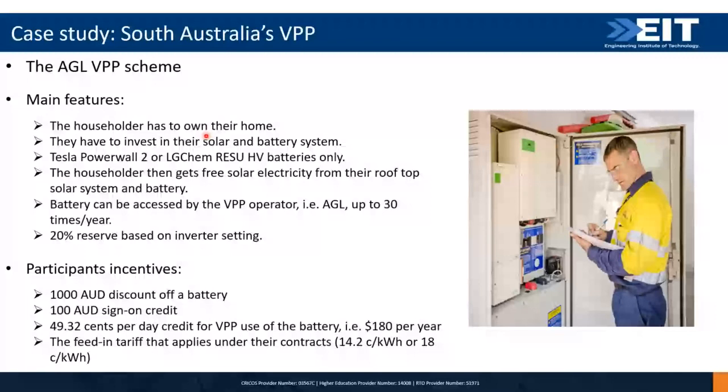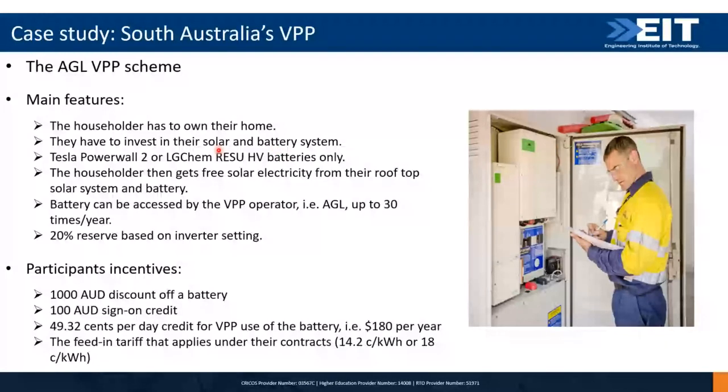And they need to sign a contract with AGL. The householders have to pay for the solar system, the battery, and the installation. So AGL doesn't cover the cost of the solar system, the battery, and the installation. This needs to be paid by the householder.